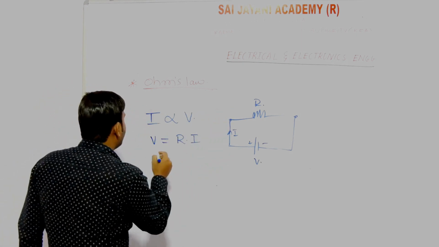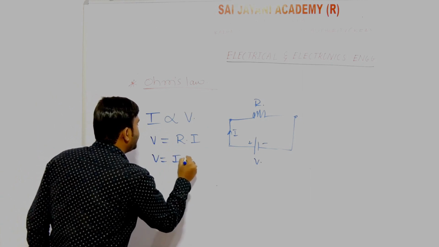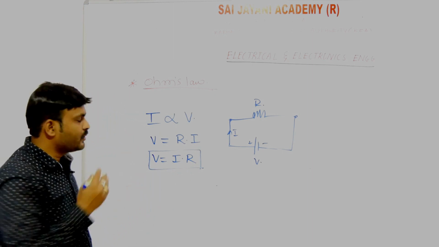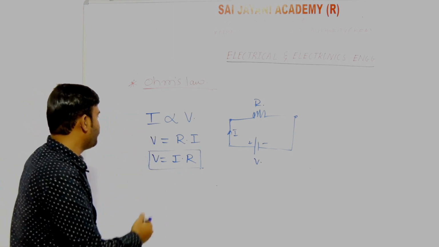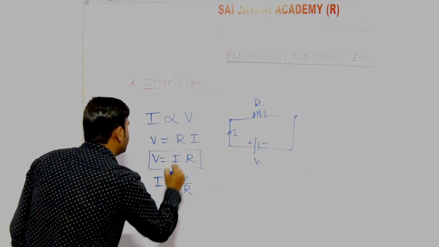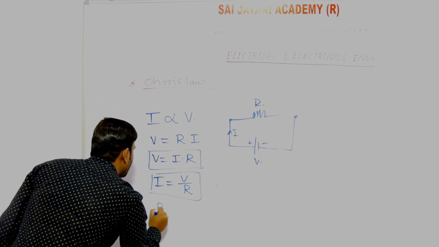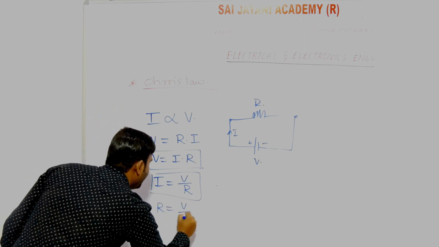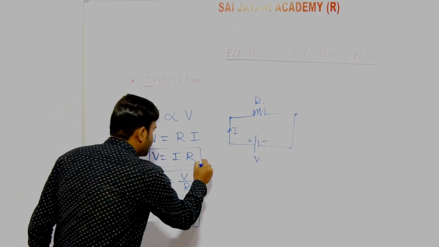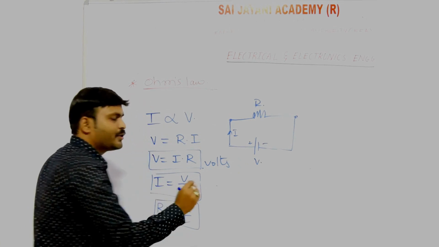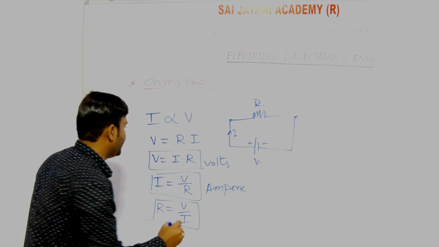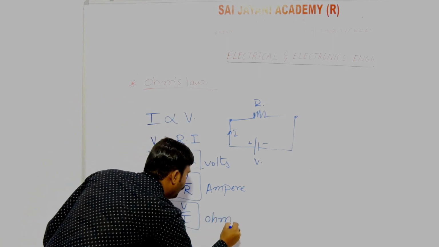So now we can rewrite it as V is equal to I into R. This is also one form of Ohm's law, and we can write I is equal to V by R, and we can write R is equal to V by I. Voltage unit is volts, current unit is ampere, resistance unit is ohm.